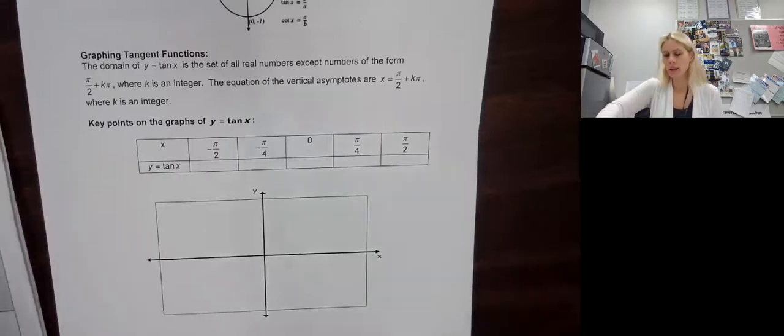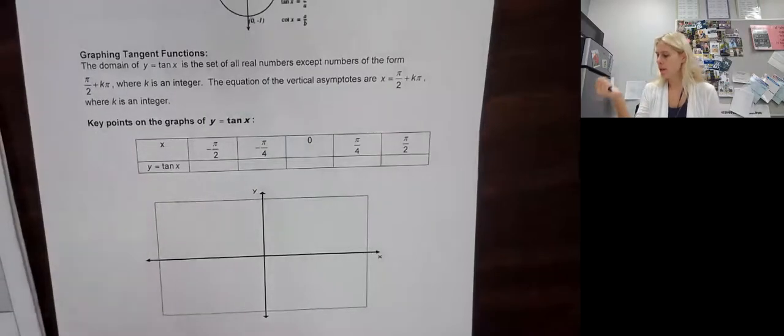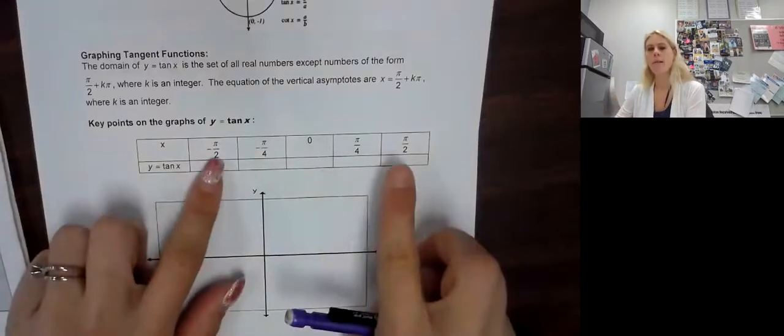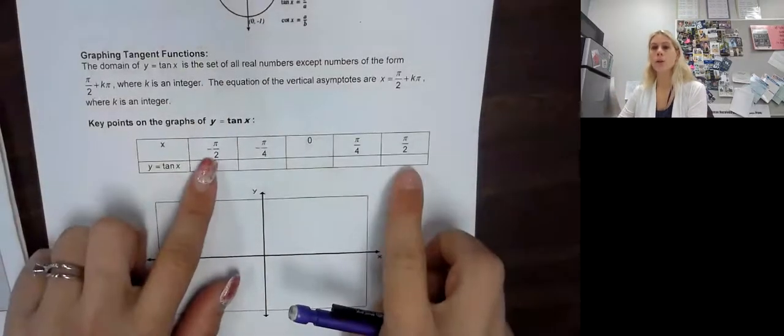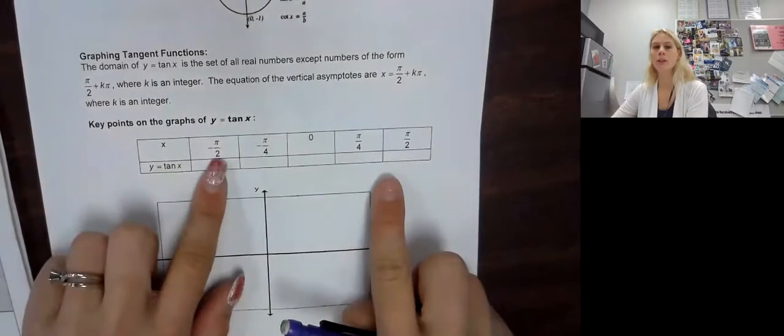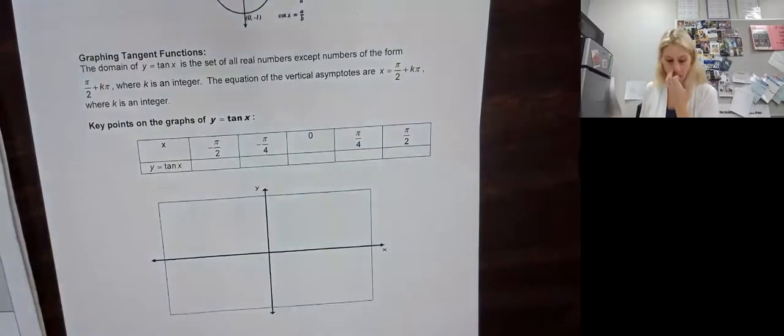So let's talk about the parent function of tangent x and what we get in this period. Remember, the period is pi, correct? But instead of going 0 to pi, so we can see that really big effect from asymptote to asymptote, we're going to go negative pi over 2 to pi over 2.